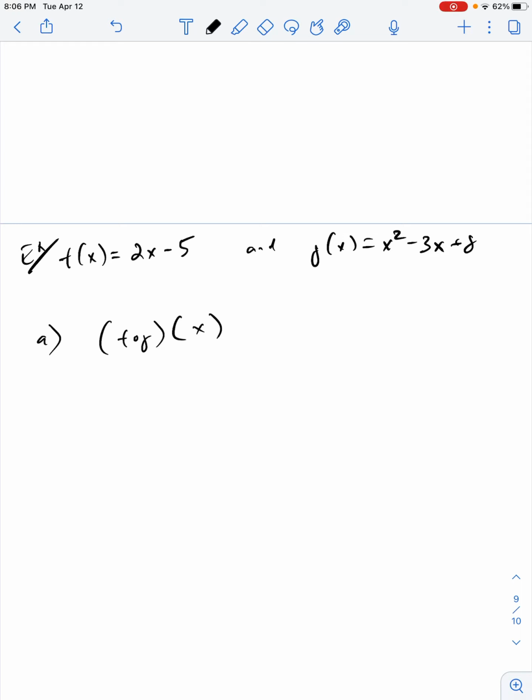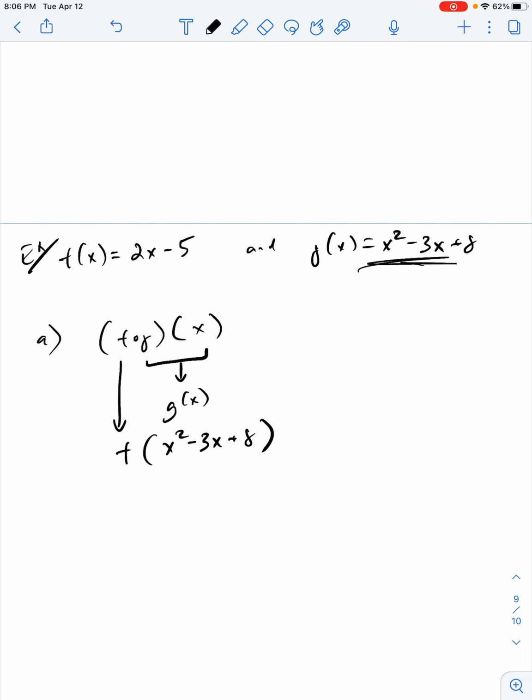No numbers at all, just letters. Well, first we do this, and g of x is nothing more than x squared minus 3x plus 8.